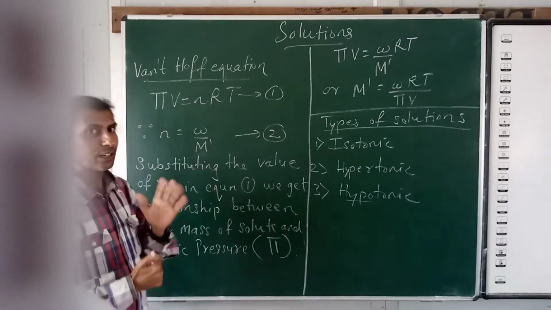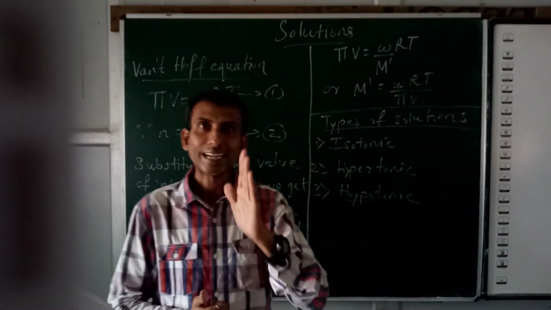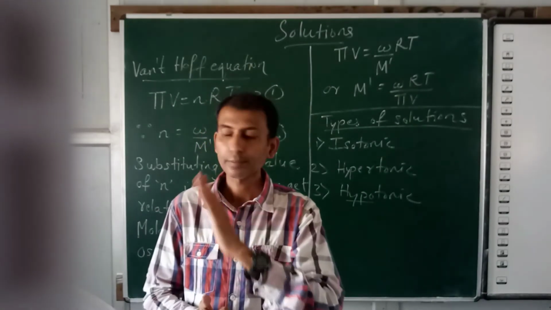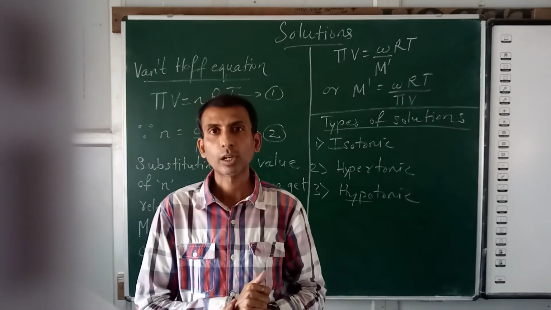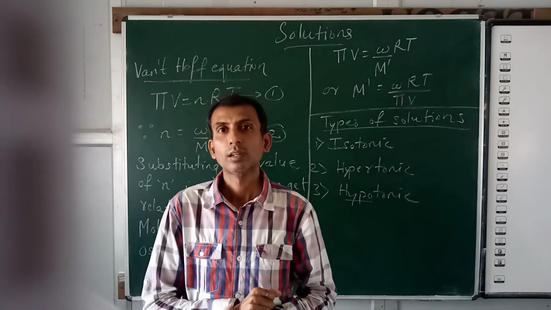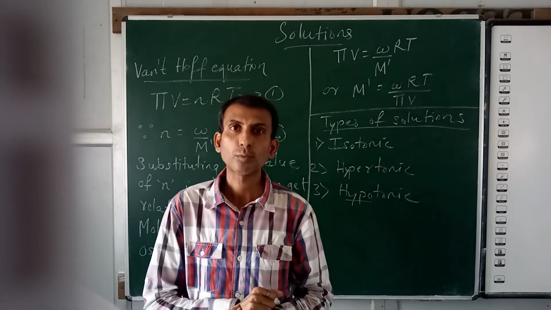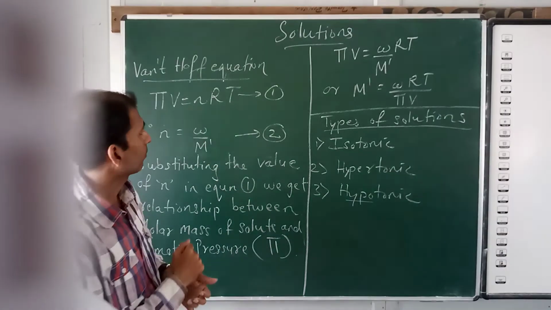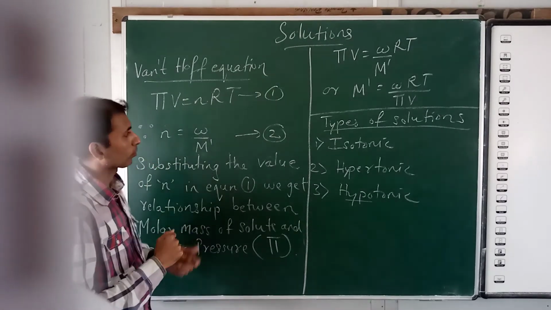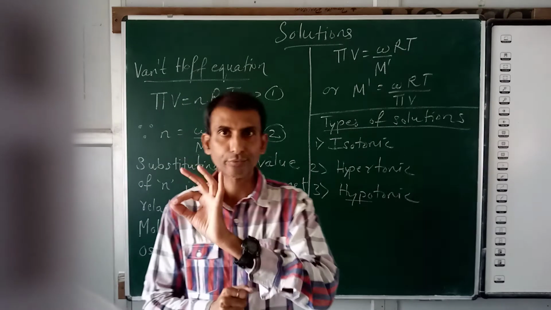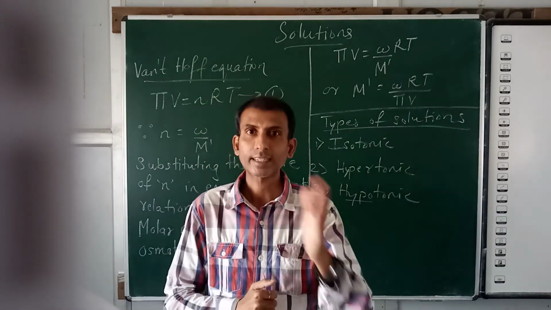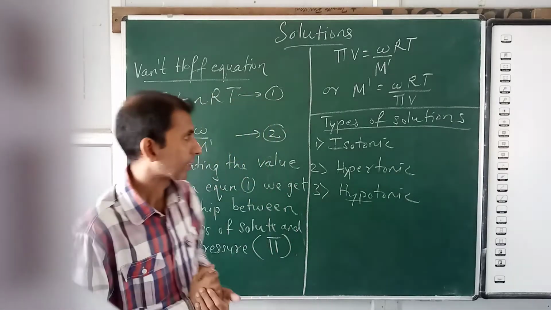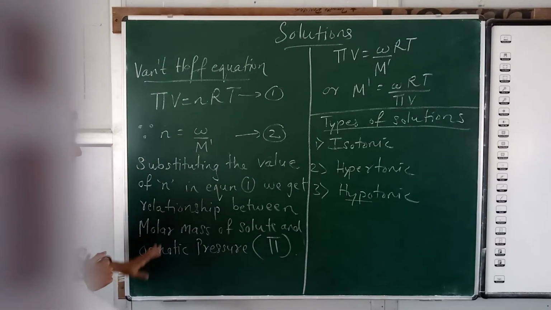The second one was elevation of boiling point, delta TB, also depending upon the number of solute particles. Then the next colligative property is delta TF, depression of freezing point, very similar to delta TB. And the last colligative property we have completed today.